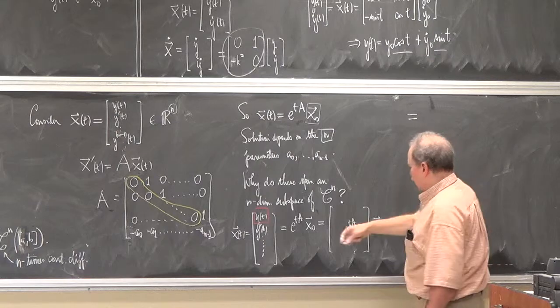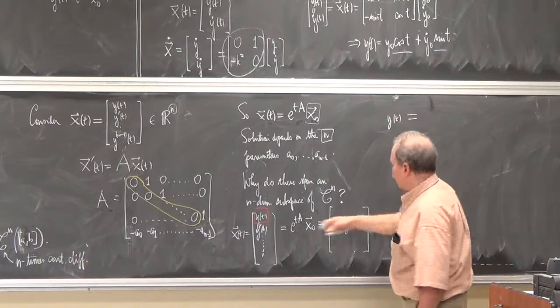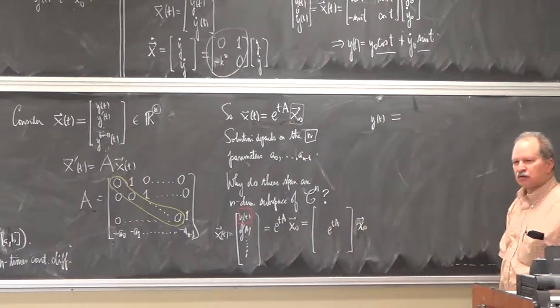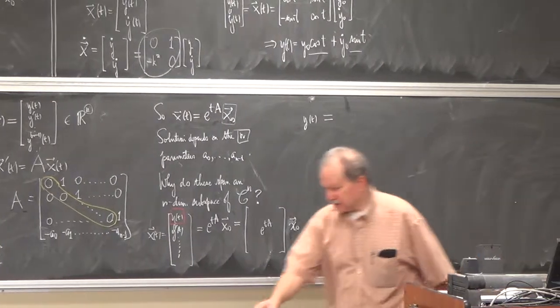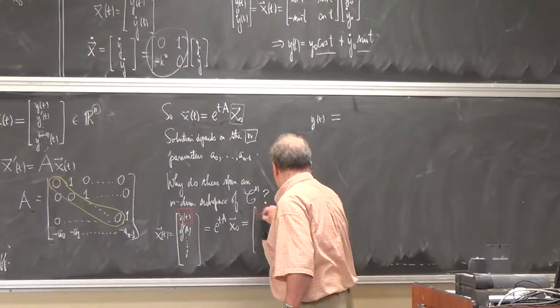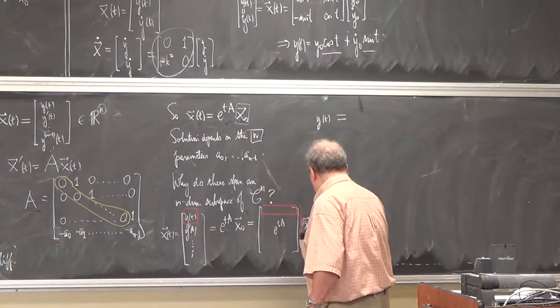Where does it come from in this expression? It comes from the first row, and then multiplying by x naught.